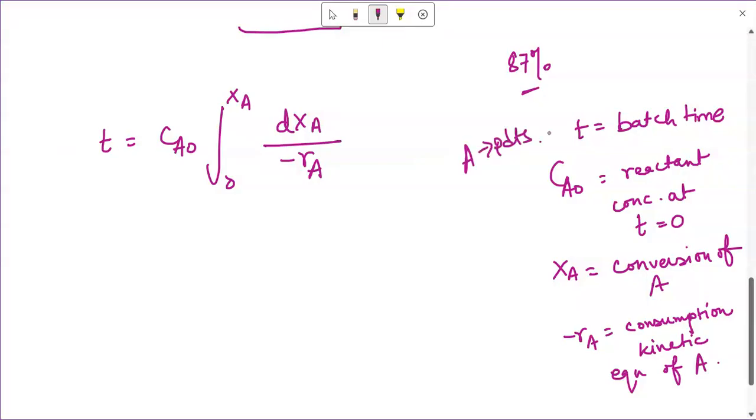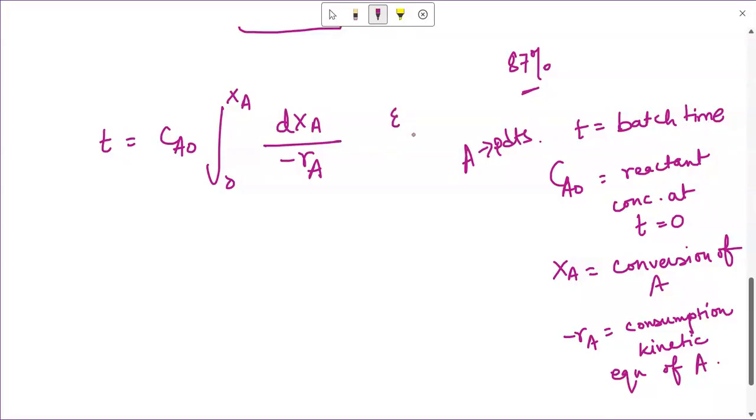So with respect to that, I have written this expression. This is the expression to understand the time required to achieve a certain conversion Xa in an ideal batch reactor, and this is valid for a constant density system.